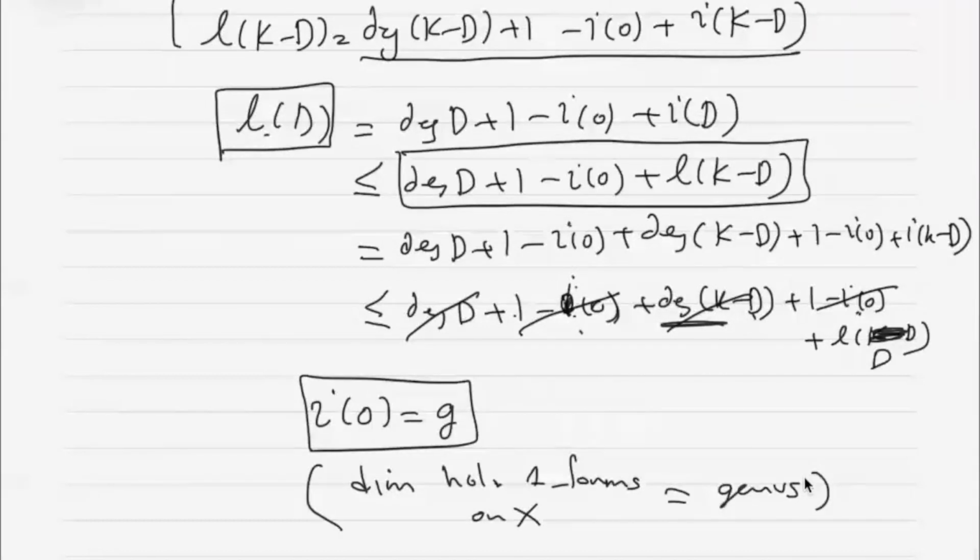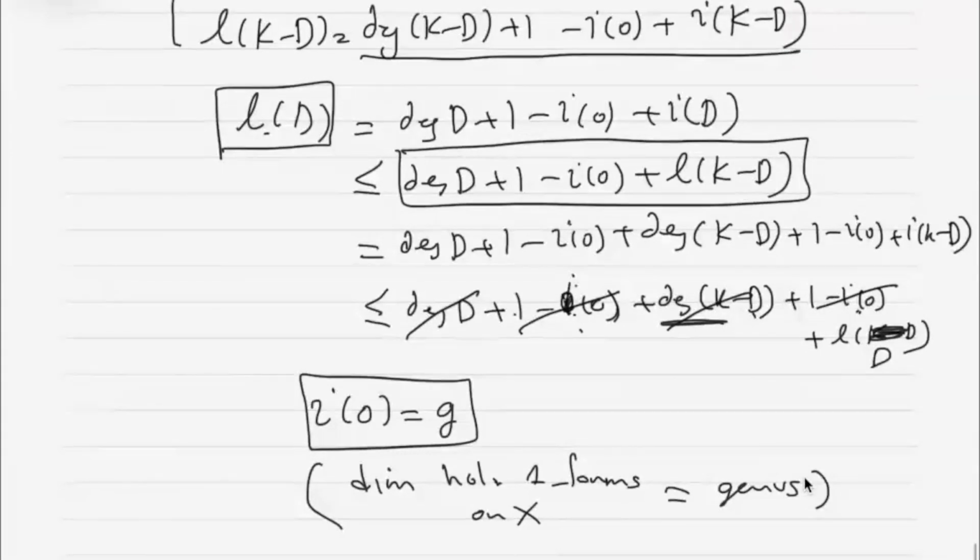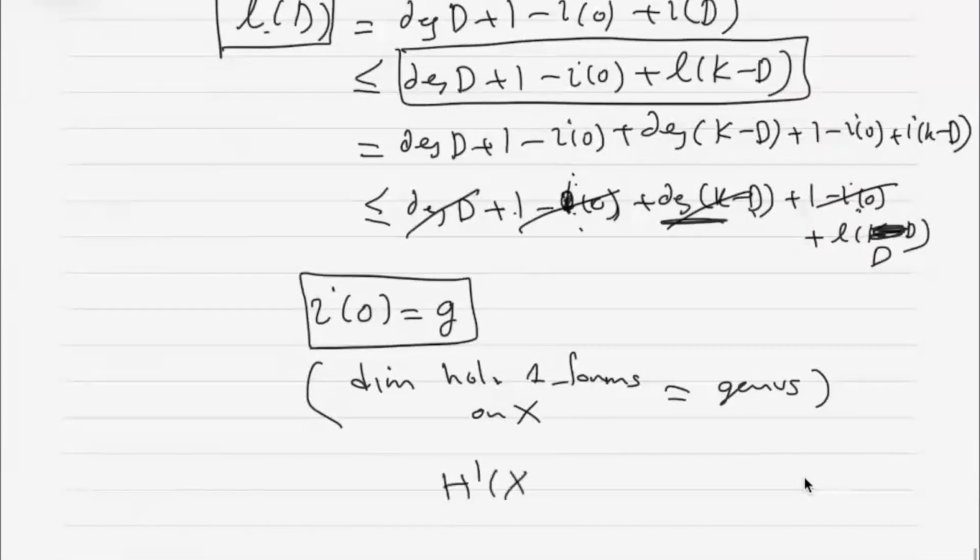Now, I proved this also in the previous lecture using a little bit of Hodge theory, telling you that H1 of X with C is going to be equal to the holomorphic one forms and anti-holomorphic one forms. But this can also be proved using easier methods. And I'm going to leave this for you to go and look about the easier proofs.